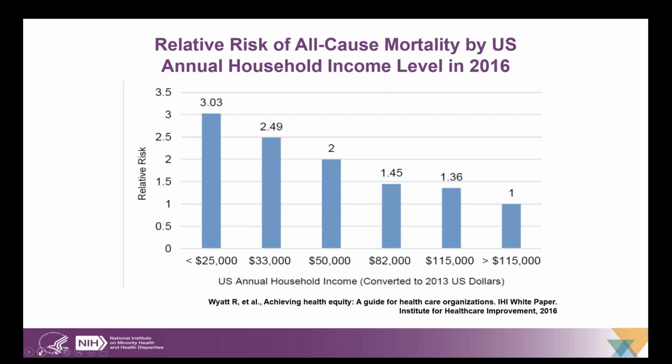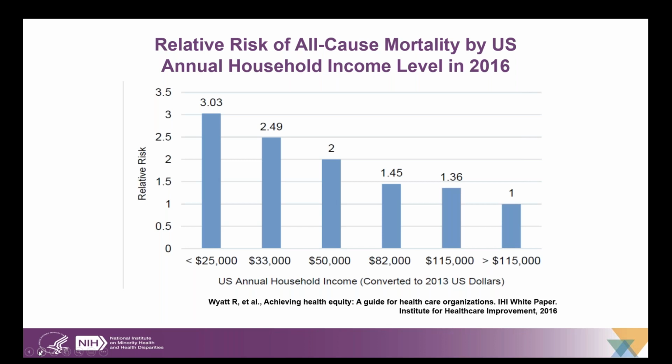This is a brief graphic to illustrate the importance of socioeconomic status, with data from 2016 linked to IRS reporting for US household income. As you can see, if you are at the poverty level, a household income of $25,000 or less, you're 3 times more likely to die than if your household of 4 income is over $115,000.